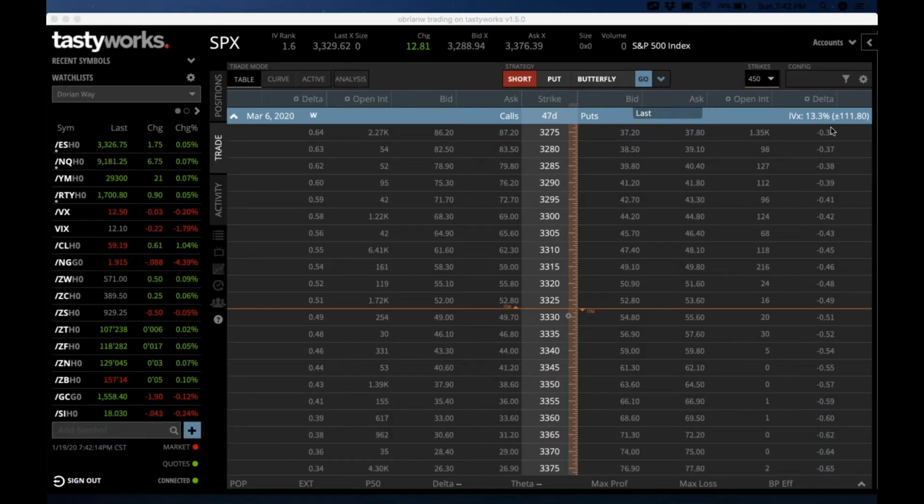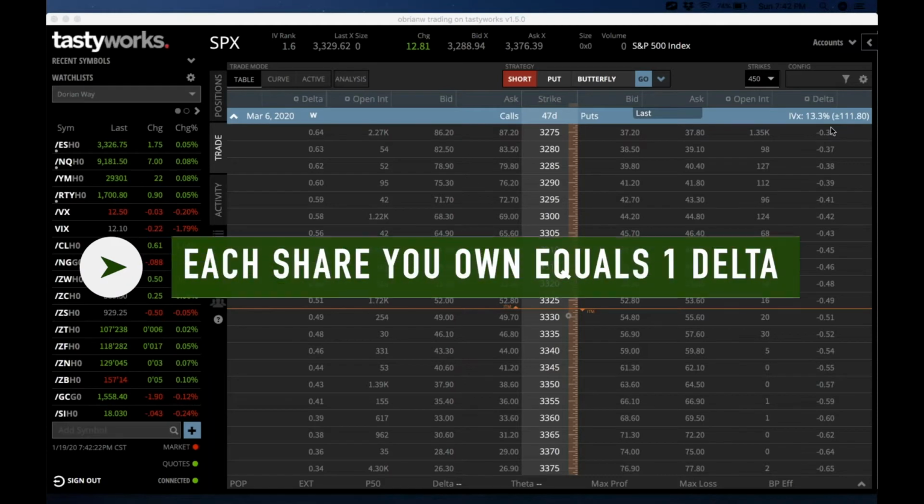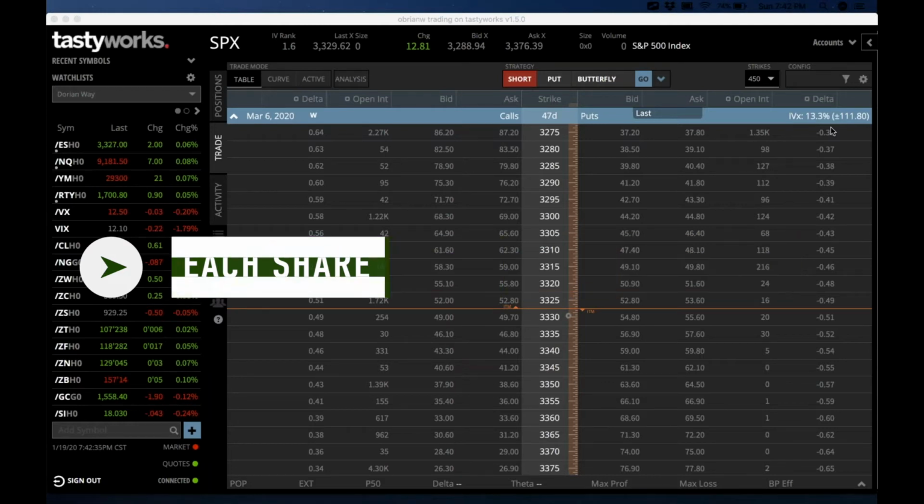For example, if you buy 100 shares of Apple, then you have a delta of 100, because one share equals one delta. So if you have 100 shares, then you have positive 100 deltas. If you shorted 100 shares of Apple, then you would have negative 100 deltas.